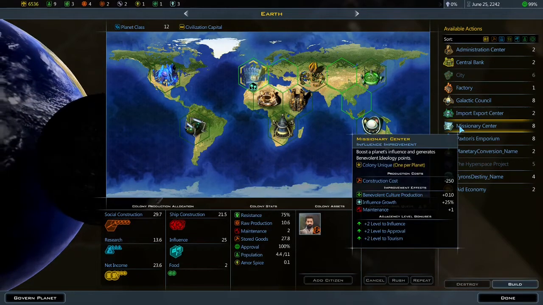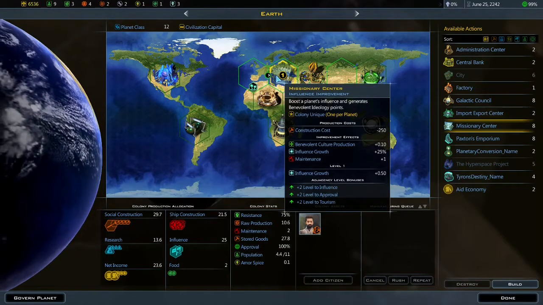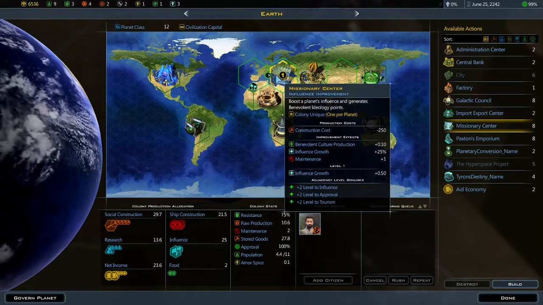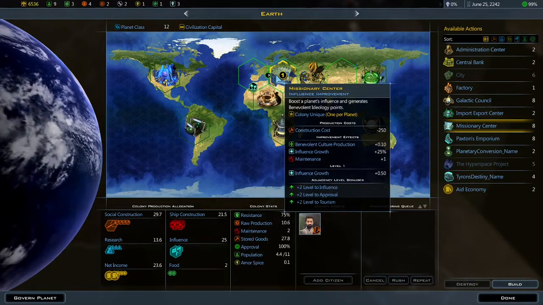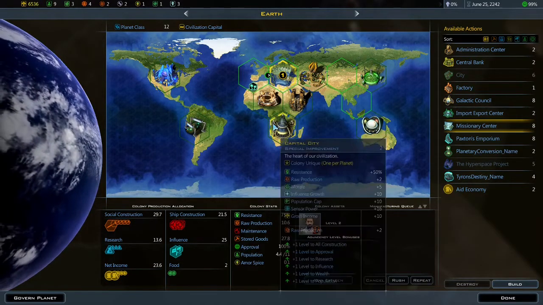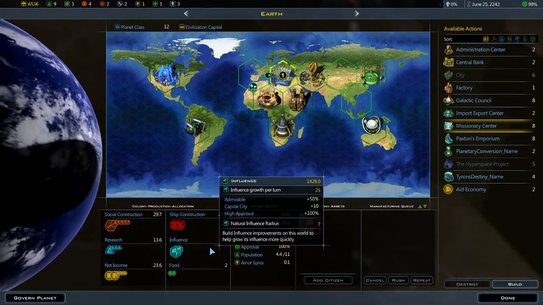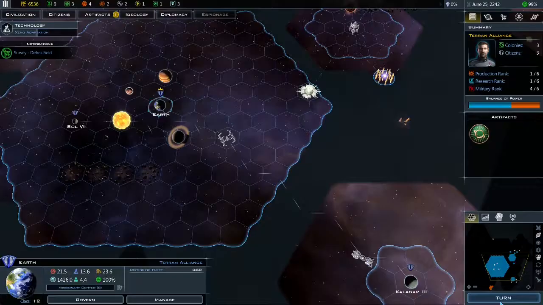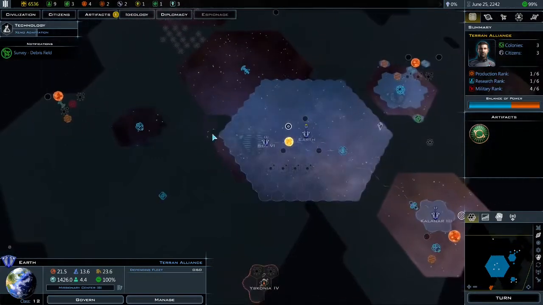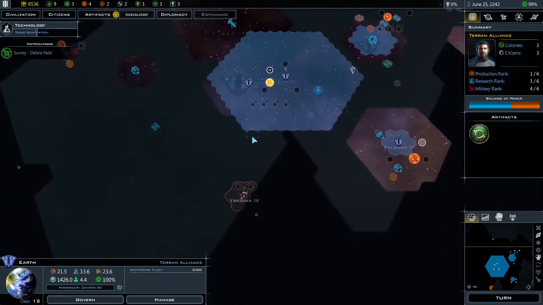And so I will just get that and build it in here, and also we get plus 0.5 influence growth bonus for the adjacency, and with that our influence should really increase, and we should be able to get all of this area under our influential area pretty quickly.